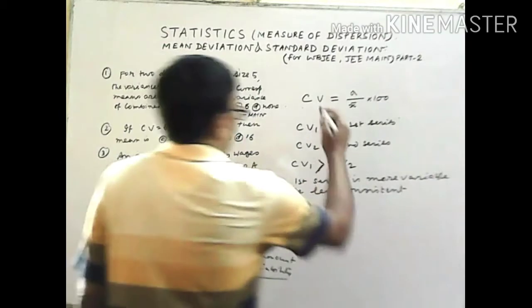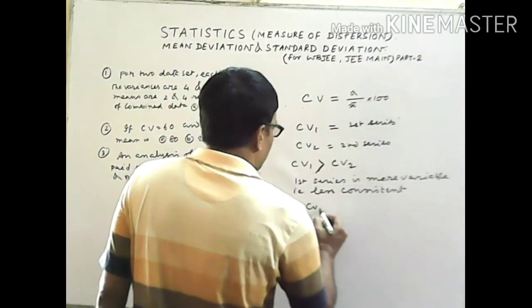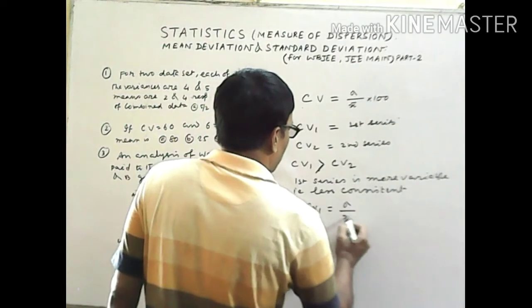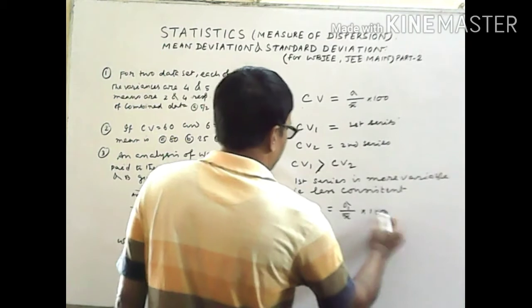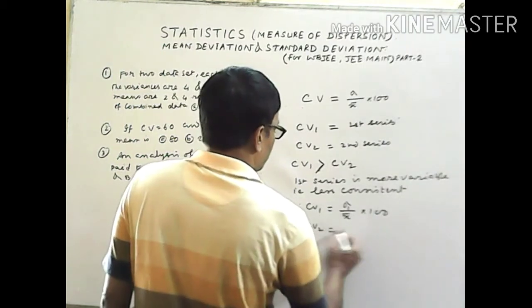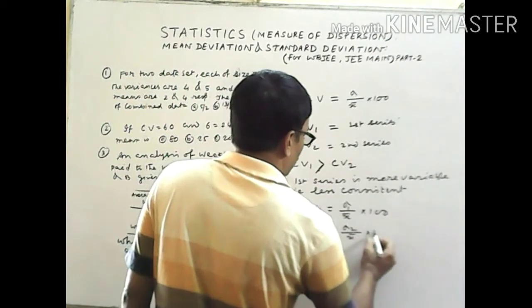So what is CV1? For two series, CV1 is sigma1 by x bar into 100, and CV2 is sigma2 by x bar into 100.